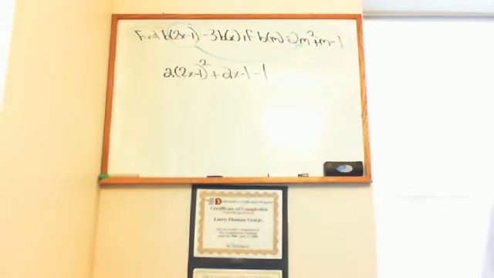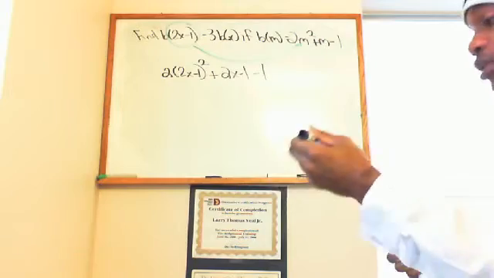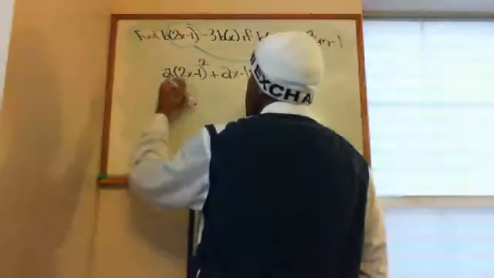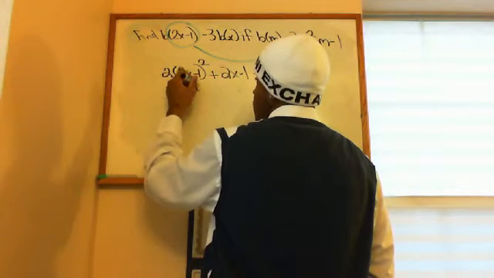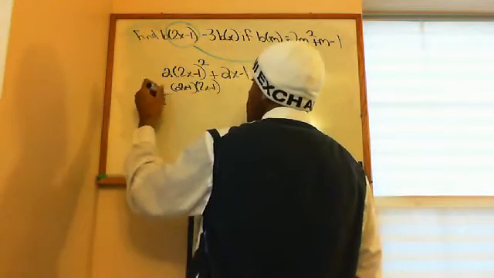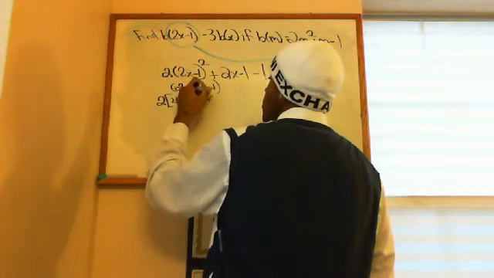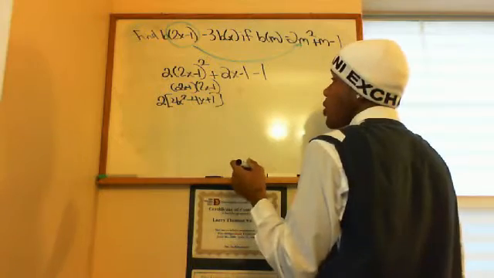We get 4x squared minus 4x plus 1. Let's double check that. We know 2x minus 1 squared is 2x minus 1 times 2x minus 1, so it's 4x squared minus 4x plus 1. Is that what you got?